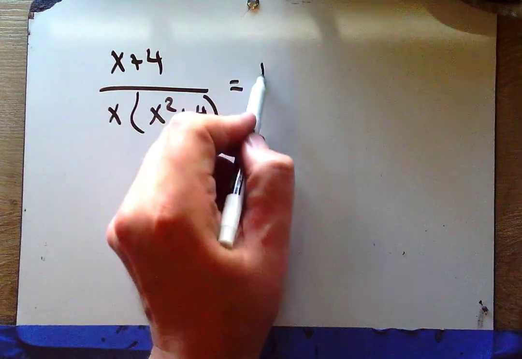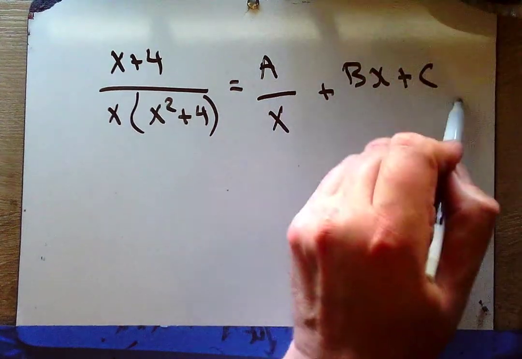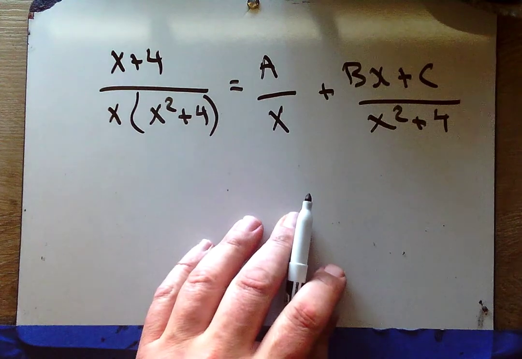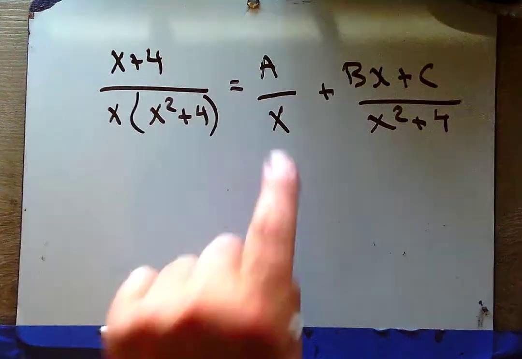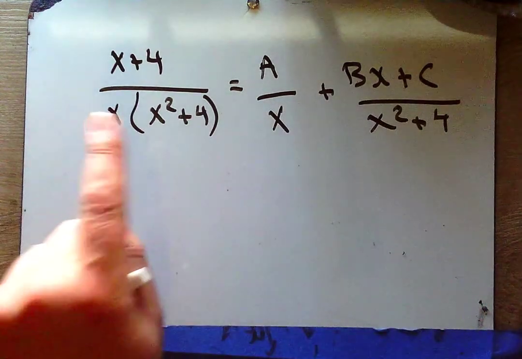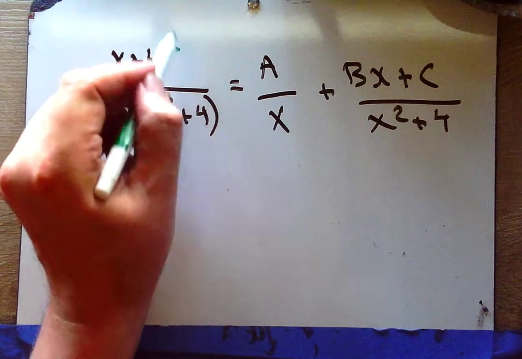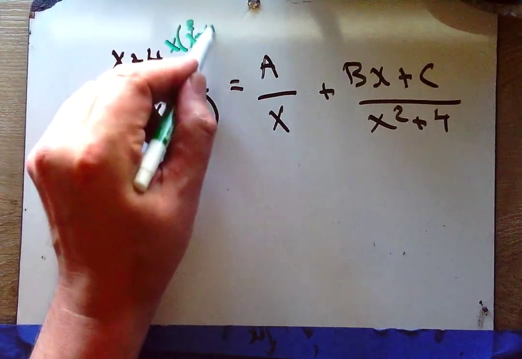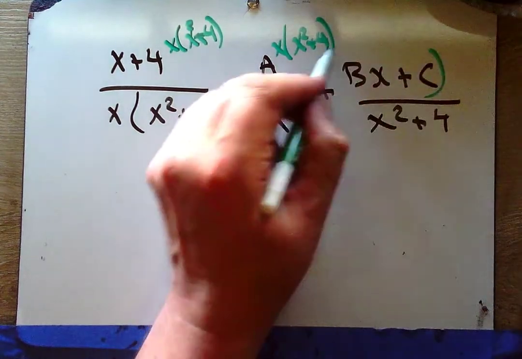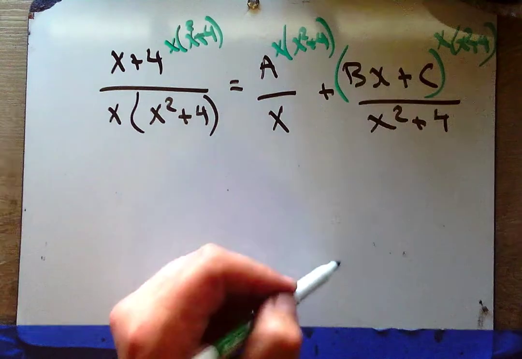Hey, welcome back. I've got A/x + (Bx + C)/(x² + 4). My least common denominator, it's right there. In this case, it is this times this. But it isn't in case 2, so always use this. All right? So we're going to have x² + 4, x² + 4, all of this stuff times x² + 4.